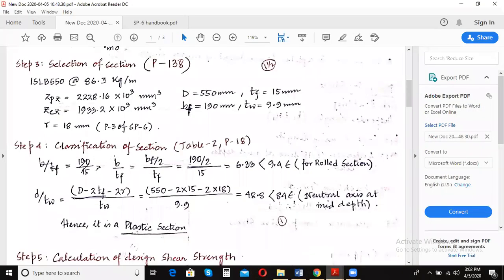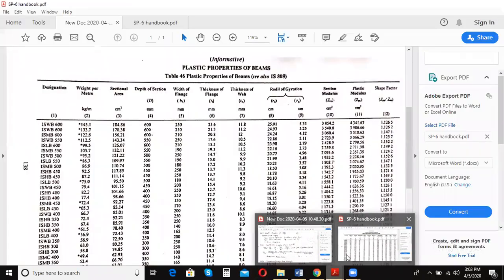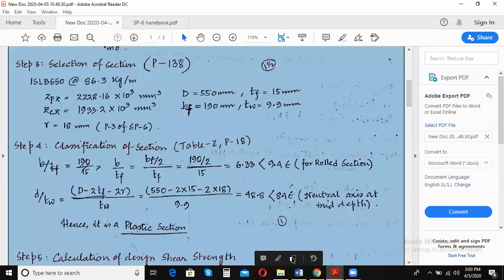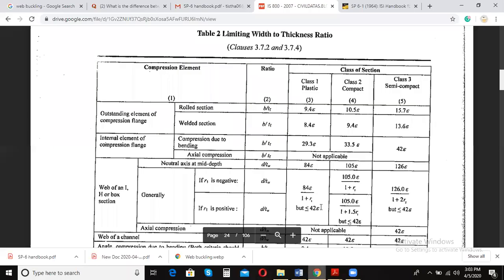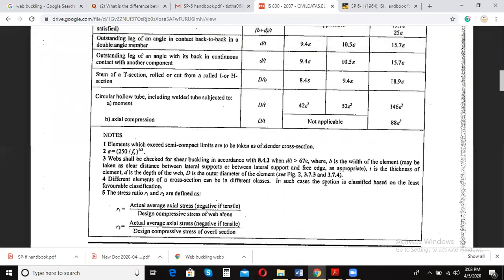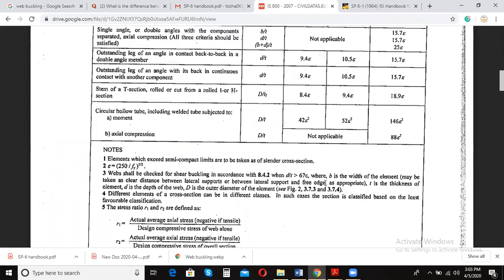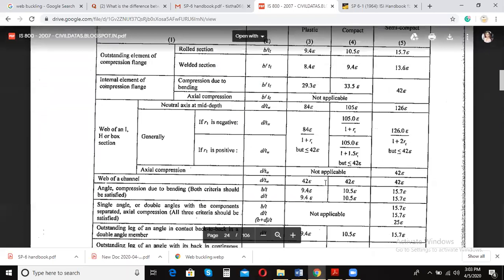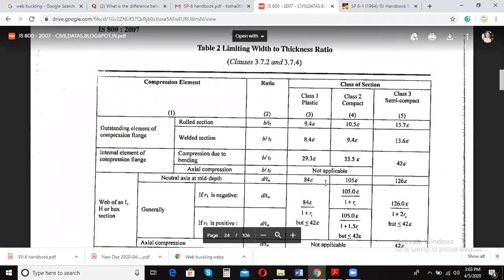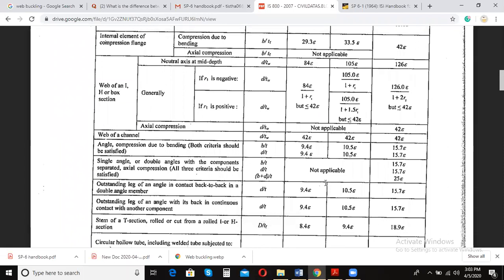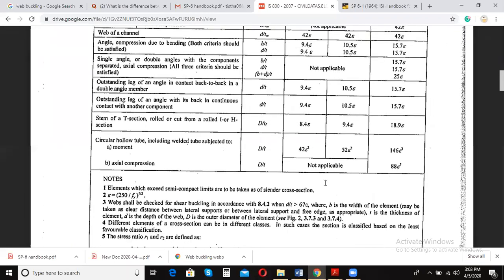The B by TF value. Okay, first we have to know what is B. B is nothing but BF by 2, that is width of the flange by 2. I think it is given somewhere here. Okay, students, the value of B is not given here, but the value of B is taken to be half of the total width of the flange.